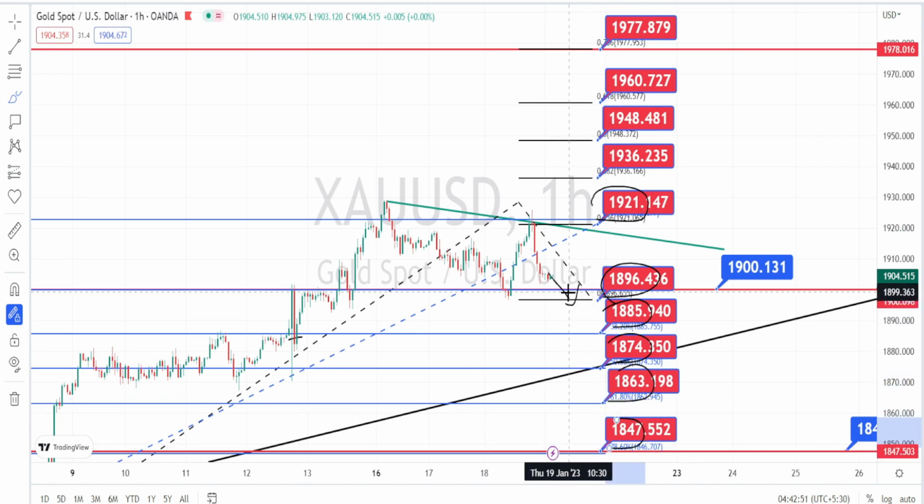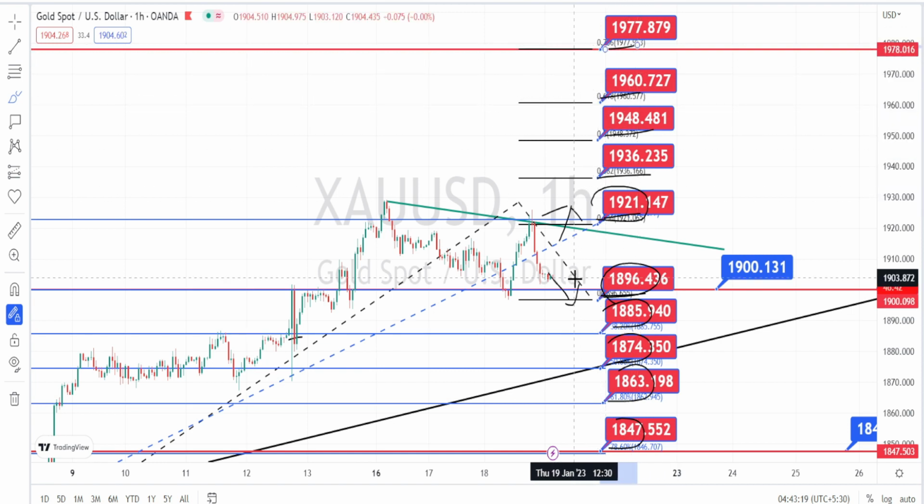And if the price action bounces back from the support level of 1896, the immediate resistance is going to be around 1921. And once the price action breaks this resistance level of 1921, the next levels of resistance are going to be around 1936, 1948, 1960 and 1977.